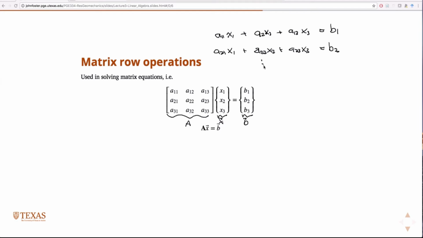Right? So when we solve systems of equations in this form, in the actual matrix form, we can work through something we call matrix row operations to solve these systems of equations. And they really just break down to 3 rules.